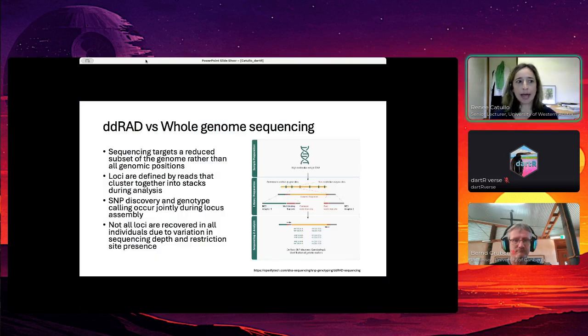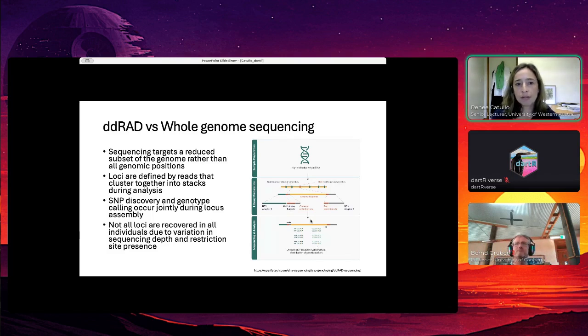So ddRAD versus whole genome sequencing: ddRAD is a subset of the genome. It's cut by common and rare restriction enzymes, and then those genomic fragments that we've selected are size selected, and then they get barcodes on them and then amplified.